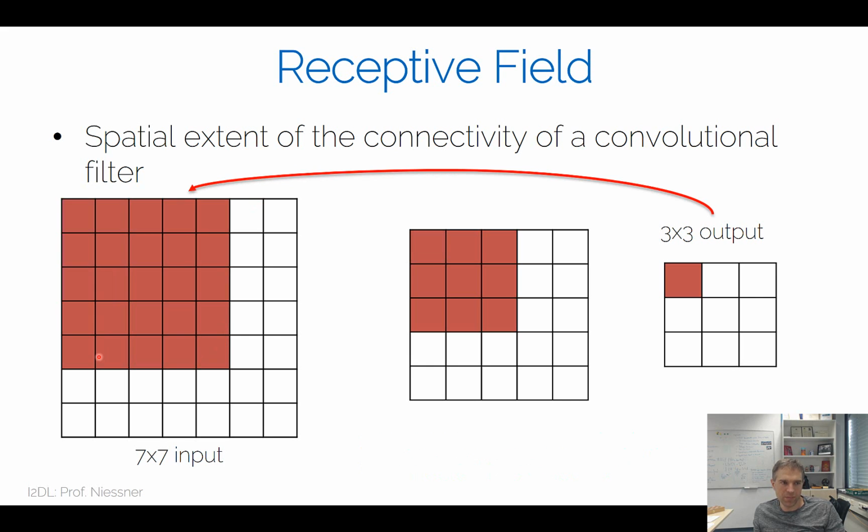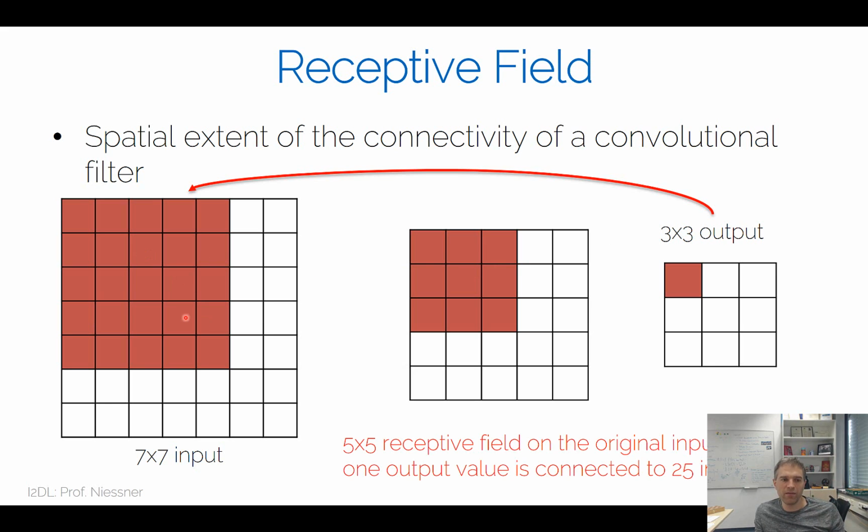So my receptive field grows. It was a 3x3 receptive field, and now I have a 5x5 receptive field on the original input, and the output is connected to all of these 25 pixels here, right? And you can imagine this grows very rapidly. The more layers you're running, the larger your receptive field goes.